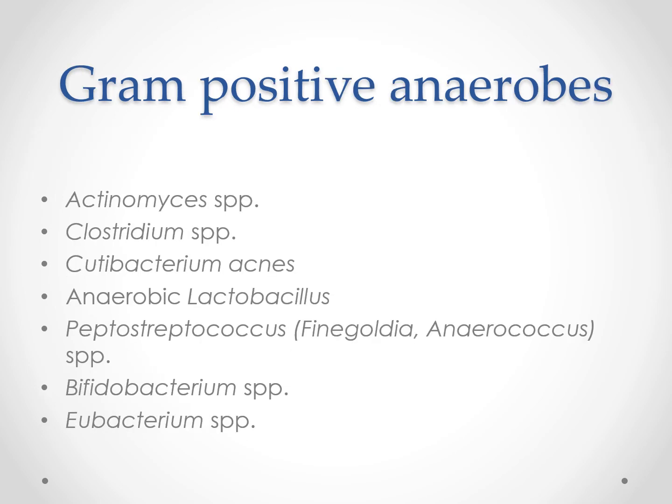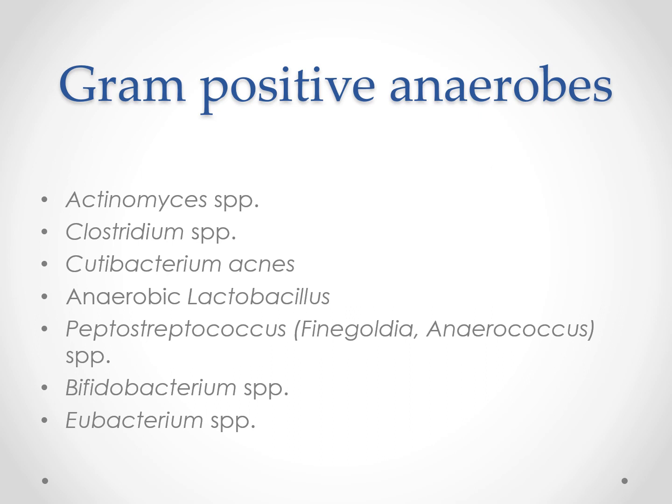Here I have a list of the gram-positive anaerobes. Some of these are gram-positive rods, others are gram-positive cocci. Pretty much the entire list here are gram-positive rods except for Peptostreptococcus, which is a gram-positive cocci. One thing that's fun about gram-positive anaerobic rods is that they have really interesting morphologies on the gram stain. For example, Actinomyces is a branching gram-positive rod.